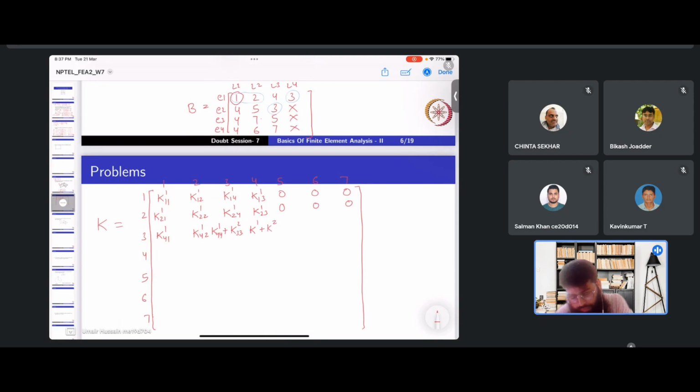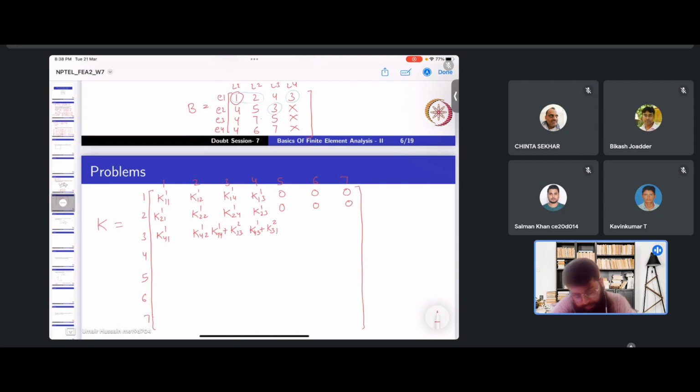So for element 1, 3 is local node 4 and 4 is local node 3. And for element 2, 3 is local node 3 and 4 is local node 1.